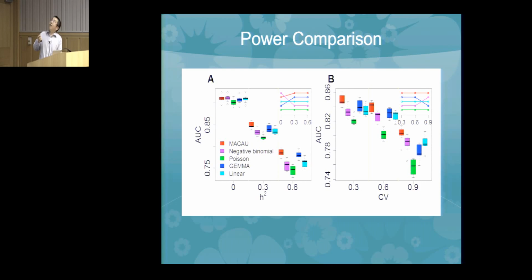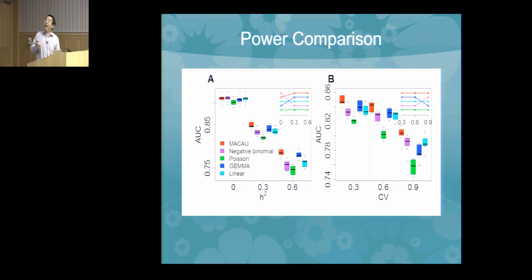If you don't have much variation, our method and JAMA look relatively similar with only a slight advantage. But with the CV equal to 0.9, the difference becomes larger, and in fact the performance of JAMA drops quickly once you have a larger variation of read depth across samples. So you can see that the power is really affected by these 2 important factors: heritability of genes and the coefficient of variation of read depth.